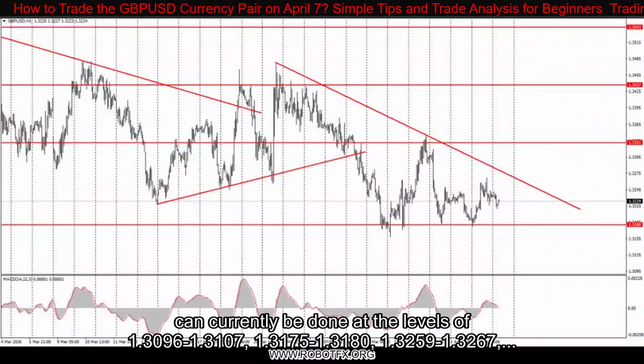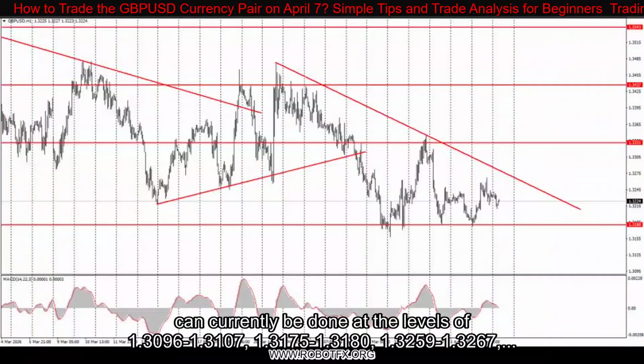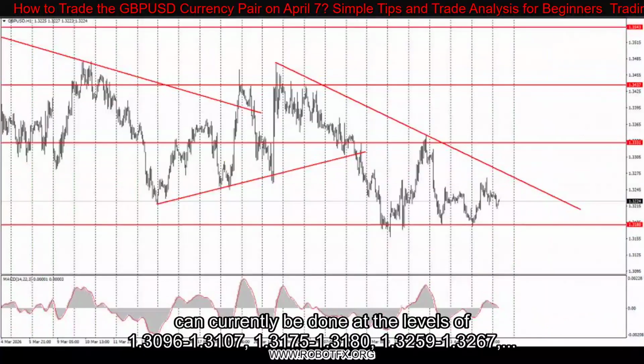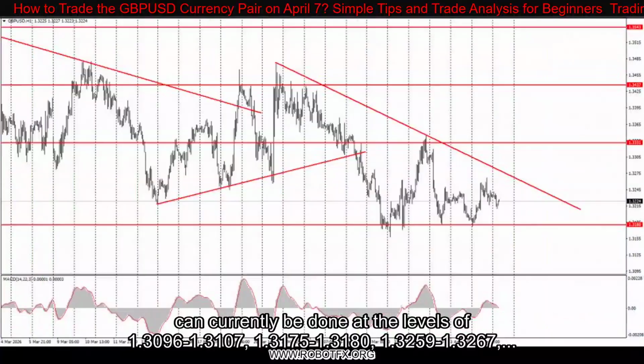On the 5-minute time frame, trading can currently be done at the levels of 1.3096-1.3107, 1.3175-1.3180, 1.3259-1.3267, 1.3319-1.3331, 1.3403-1.3407, 1.3437-1.3446, 1.3484-1.3489, 1.3529-1.3543, 1.3643-1.3652, 1.3695, 1.3741-1.3751.